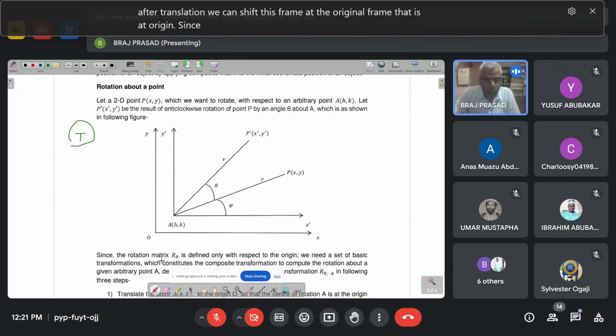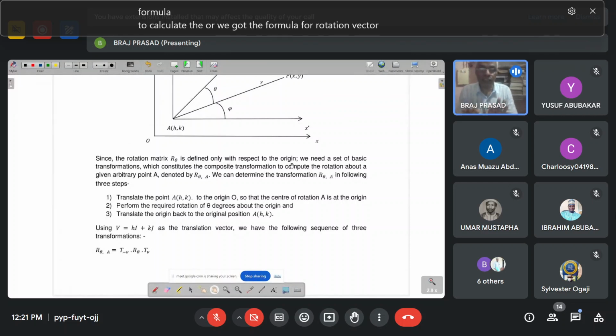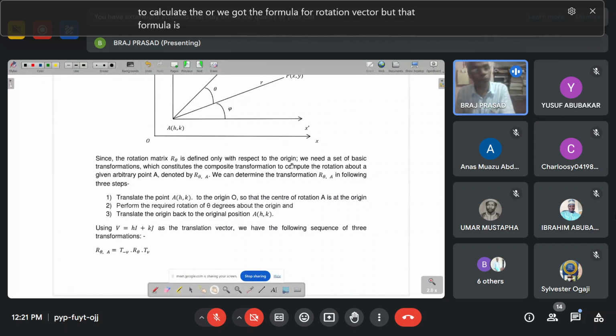Since the rotation matrix R theta is defined with respect to the origin, from the case 1 we got the formula for the rotation vector, but that formula is only for the origin, and in this case the situation is different.